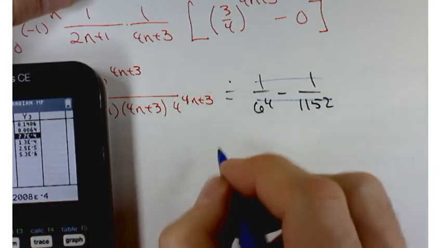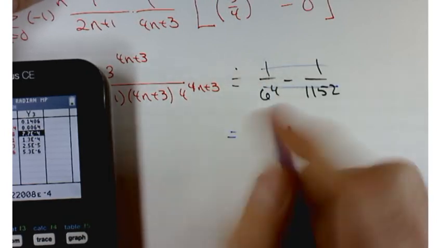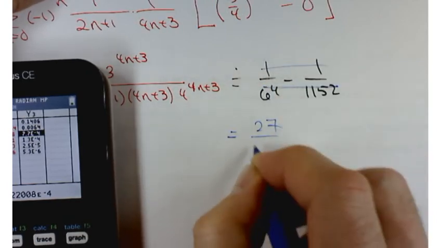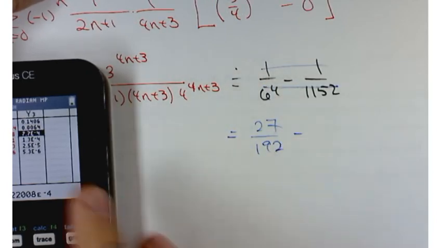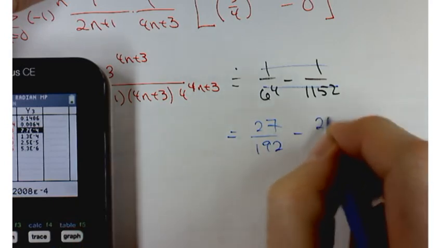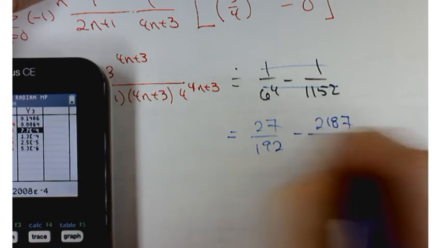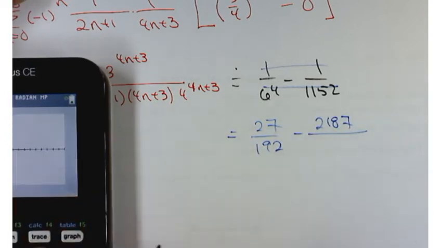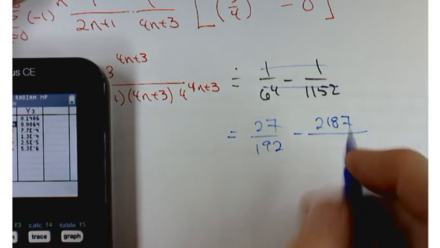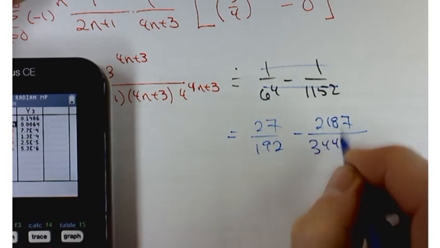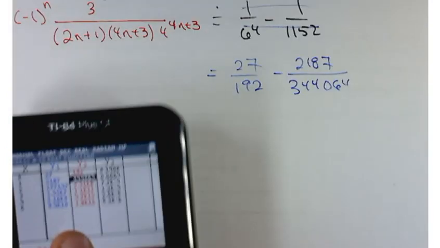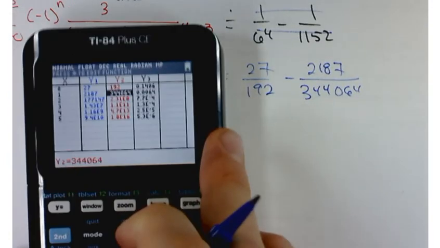So let's see. That first one is going to be 27 over 192 minus 2,187 divided by 344,064. So let's try that one and see if that one works.